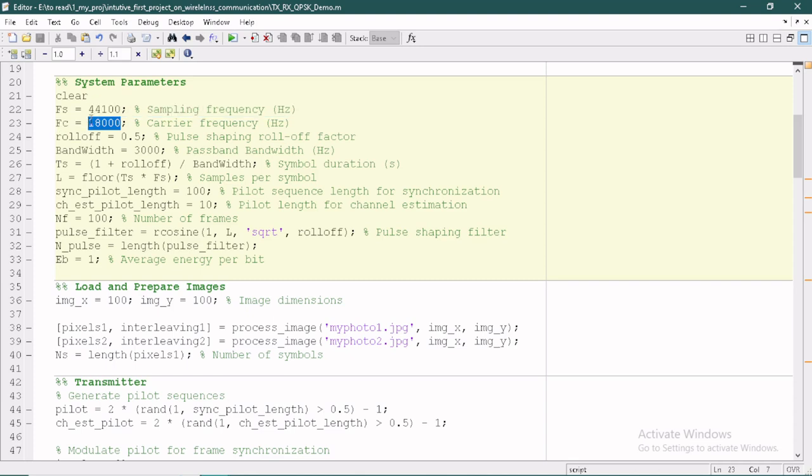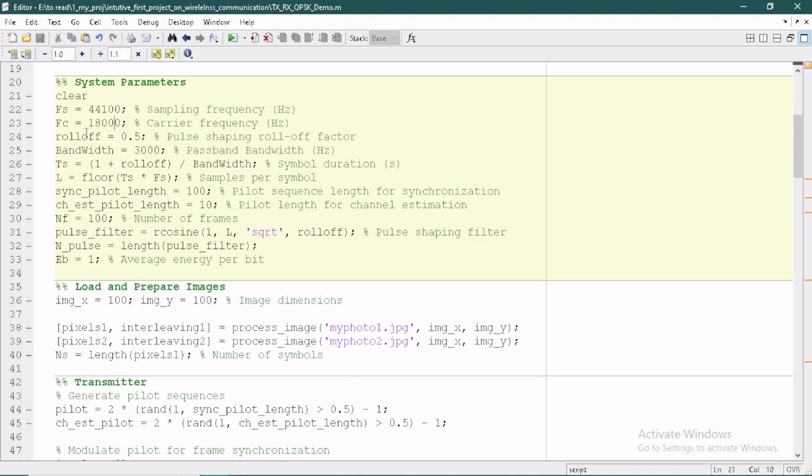We can change it how we like, but we should keep in mind that we cannot use a frequency near half the sampling rate, because as I said previously, if we have this sampling rate, the maximum frequency that the system can see is half of that. And you should keep some overhead for the bandwidth also.